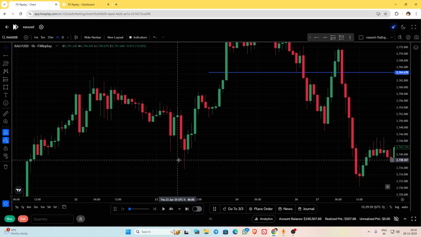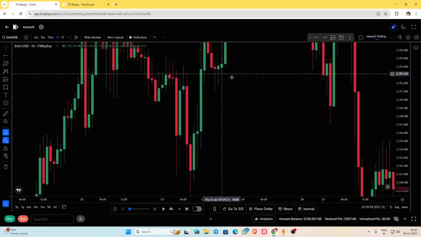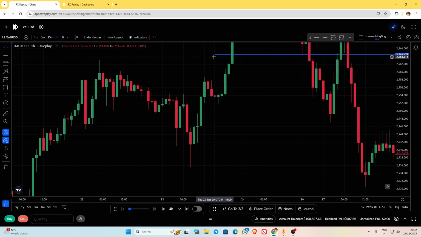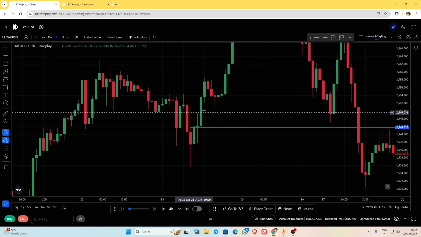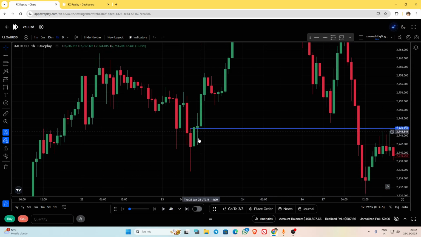Okay, so here you can see the 9 a.m. candle closed above the 8 a.m. candle. We will try to find a trade here.